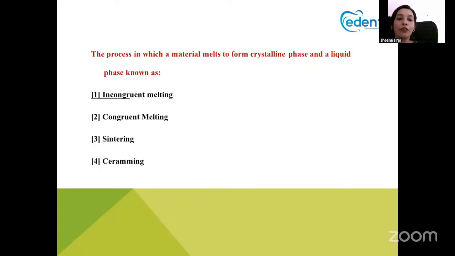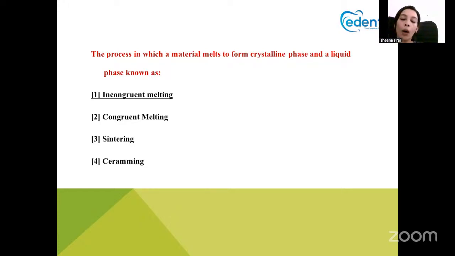Next question: the process in which a material melts to form a crystalline phase and a liquid phase is known as? This is again a term we are not much familiar with, but still they ask the question. Sometimes when we melt a material, it can form two phases: one will be liquid and there will be some crystal phase in that. So the answer for this question is incongruent melting.